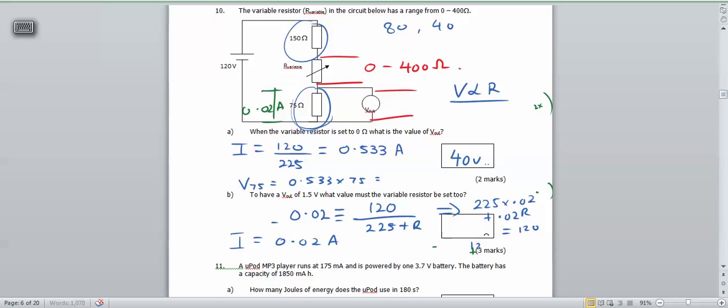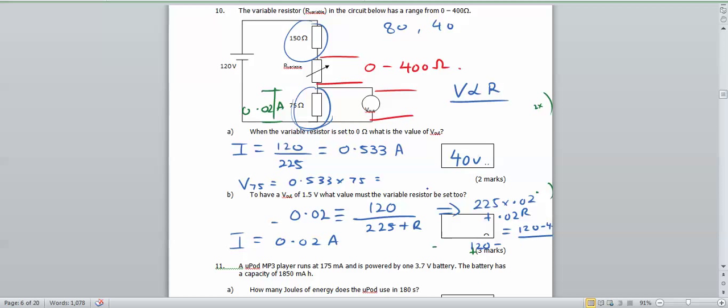So 120 take away 225 times 0.02, which is 4.5, take away 4.5, divided by 0.02.